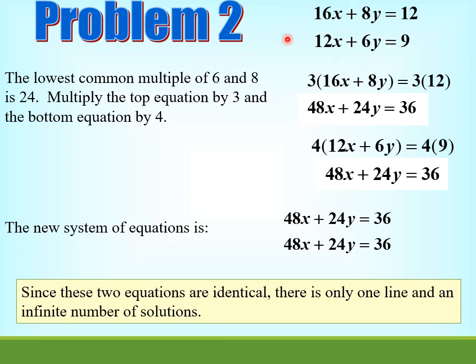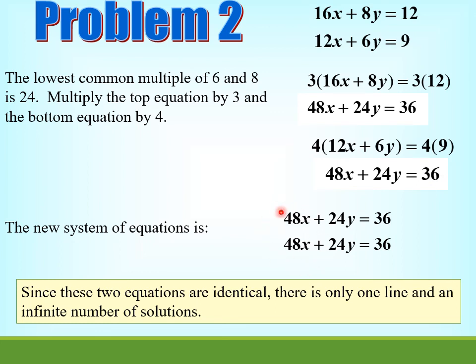It's not necessary that we must take these ones. Just look for the possible small numbers, but it will be more appropriate if you just take those numbers. But for this case, let us take 3 and 4. What is 3 times the top equation? And then you have 48 plus 24y is equal to 36. And then 4 times the bottom equation, you have these things.